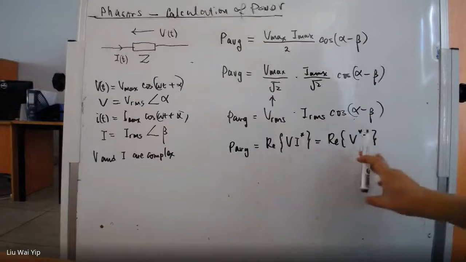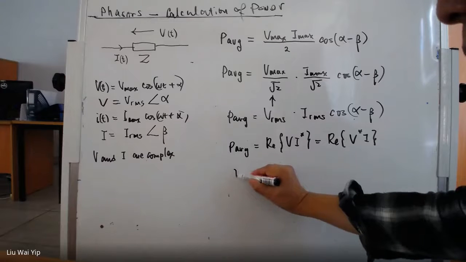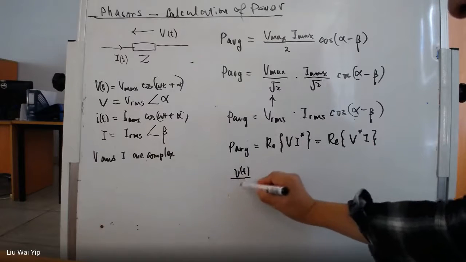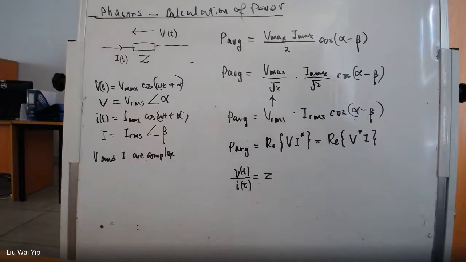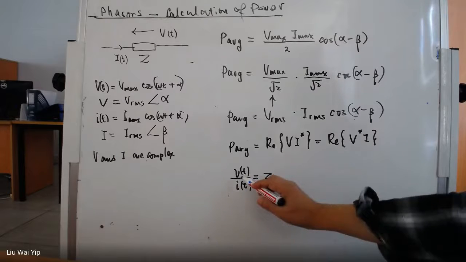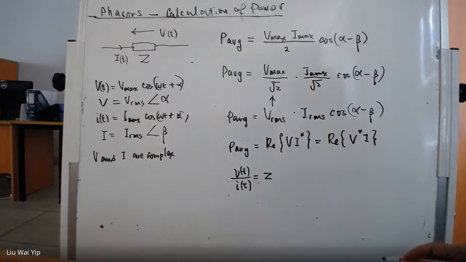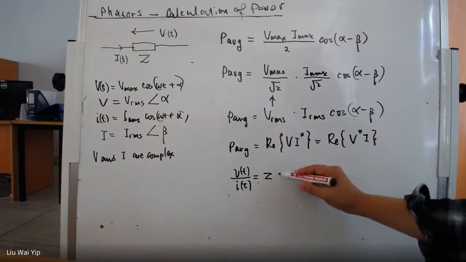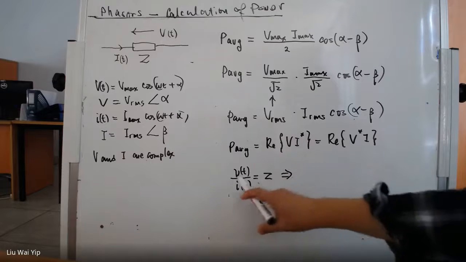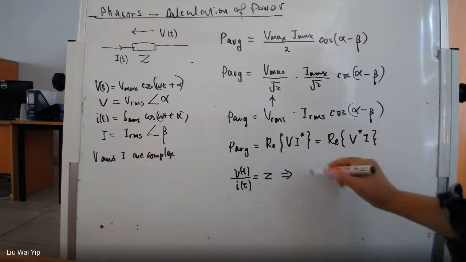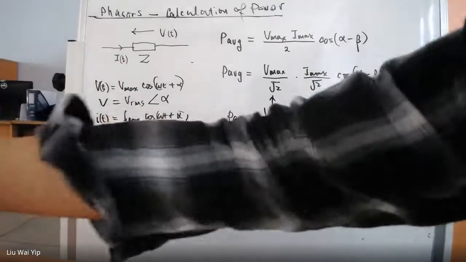Now we have already got this formula here, and we know that V over I is equal to Z. Sorry, I shouldn't say that.